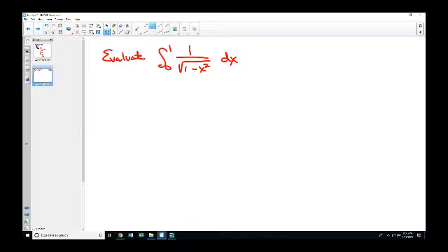It's improper. Why is it improper? Look at the integral limits and look at the function and see if there's an issue.